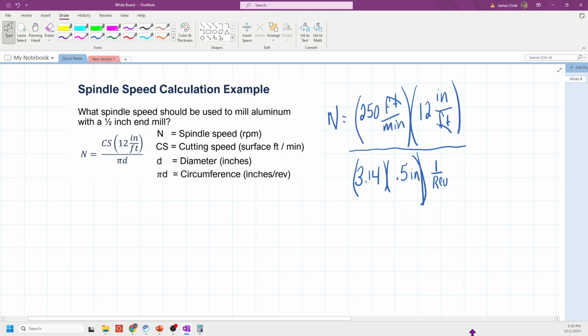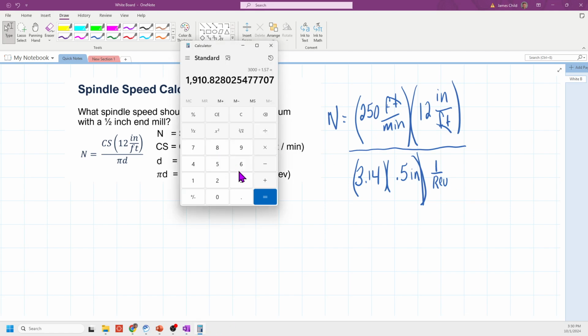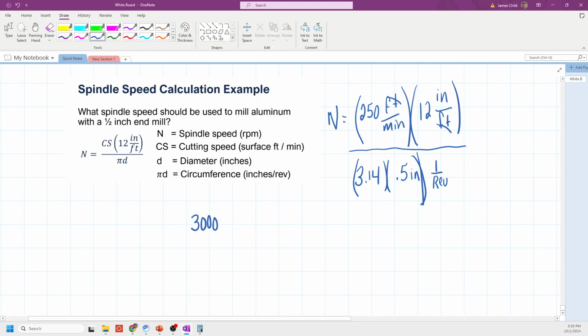Let's grab a calculator here. 250 times 12 is 3,000. This is all equal to N. 3,000 inches per minute.